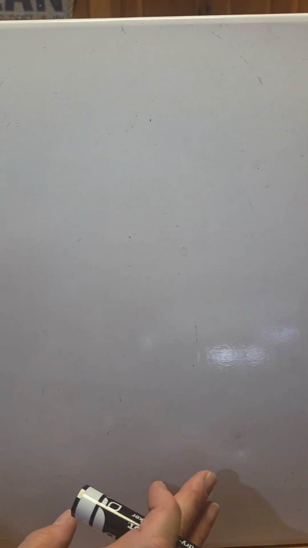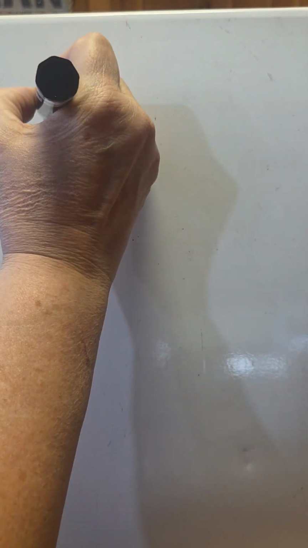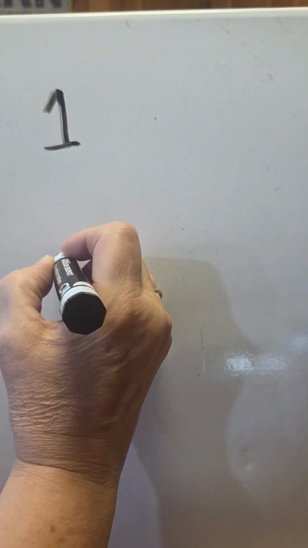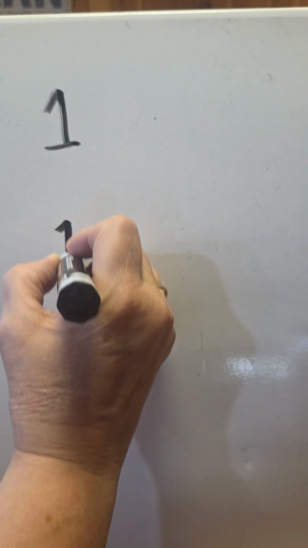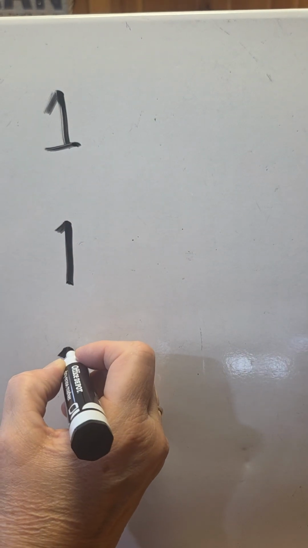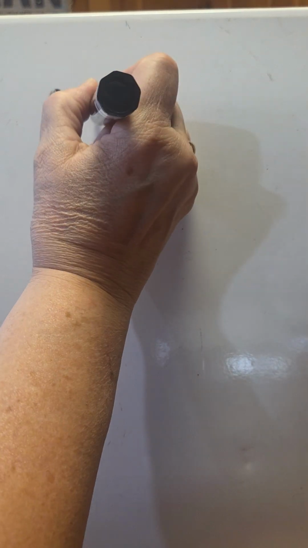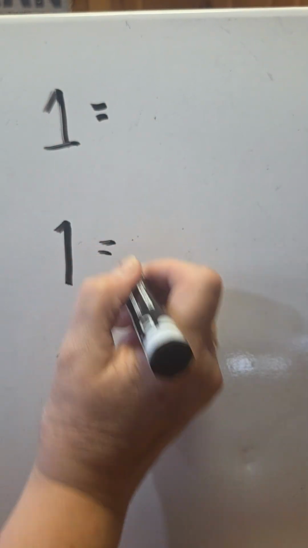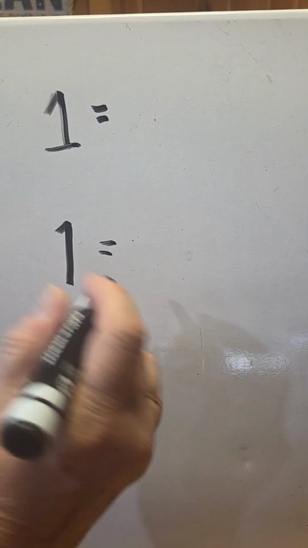Look at that. Markers. All right. I'm going to put 1 over here. I'm going to put 1, and another 1. I'm going to put equals, equals, and equals.